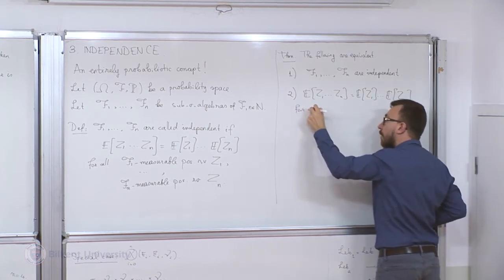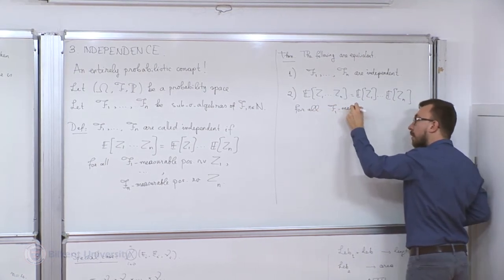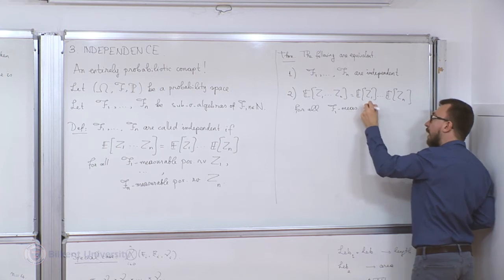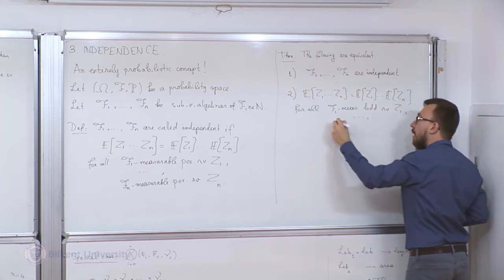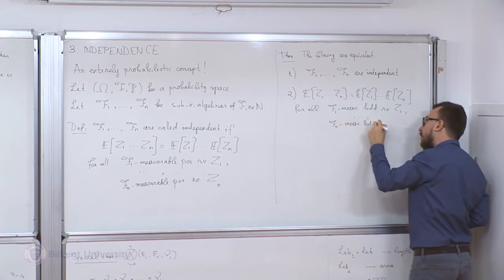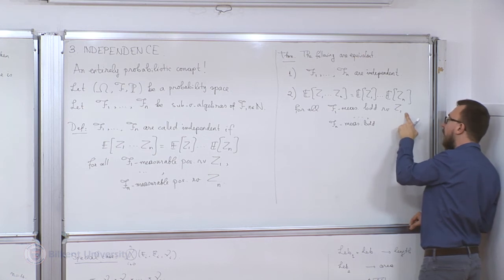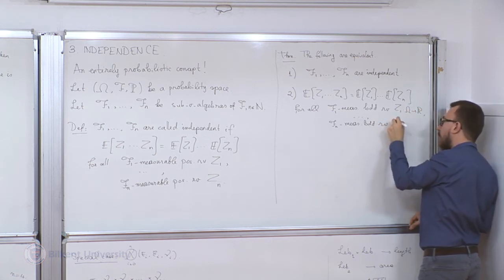For all F1 measurable bounded random variable Z1, Fn measurable bounded, which can take negative values, of course. Let me write it this way.